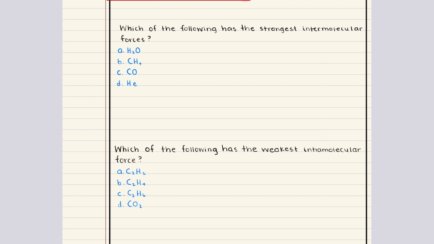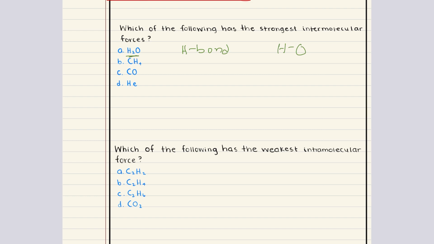The first answer choice is water. Water molecules exhibit strong hydrogen bonding because each molecule contains a hydrogen-oxygen bond that allows for extensive hydrogen bonding interactions with neighboring water molecules.